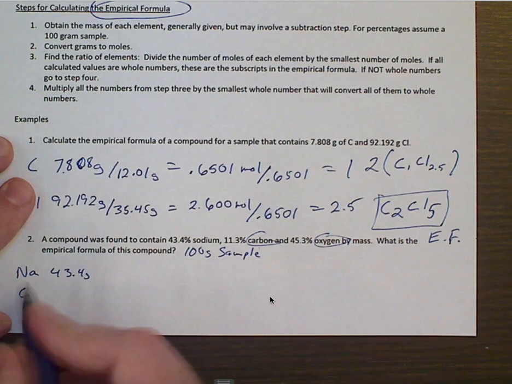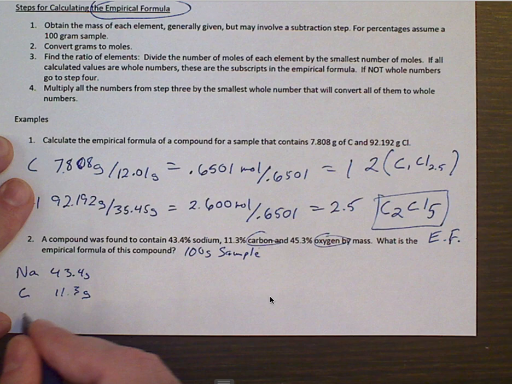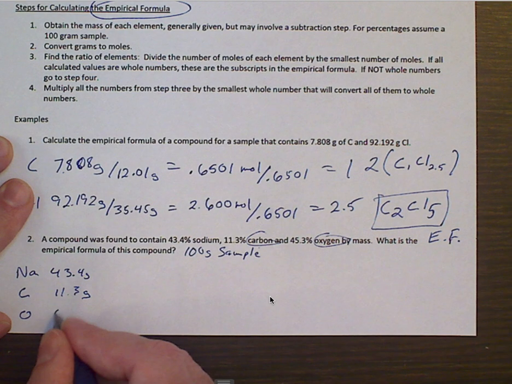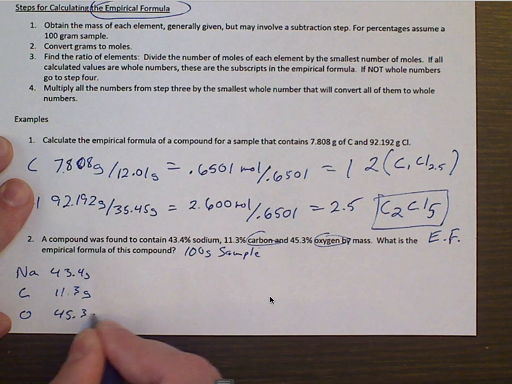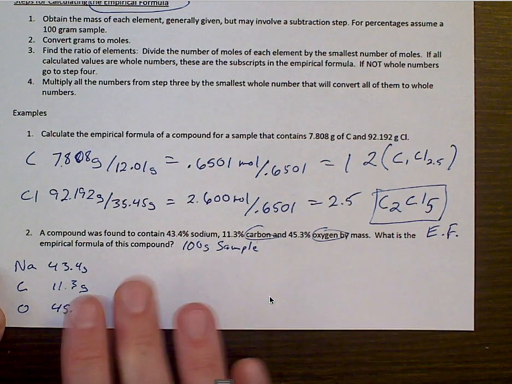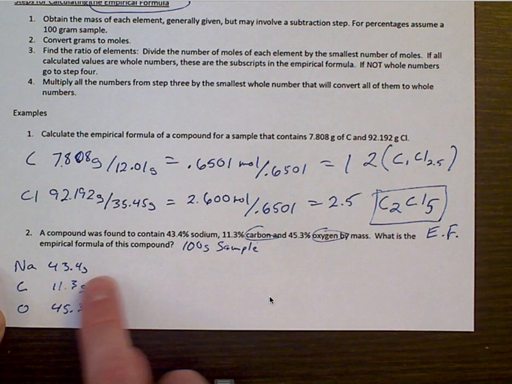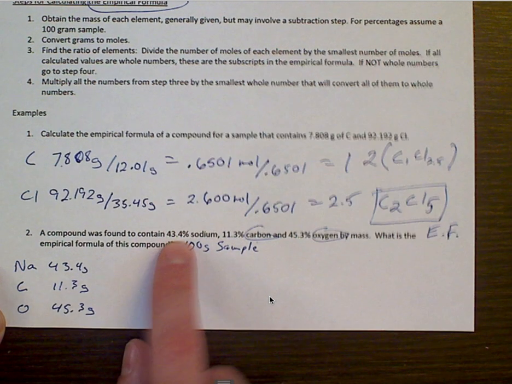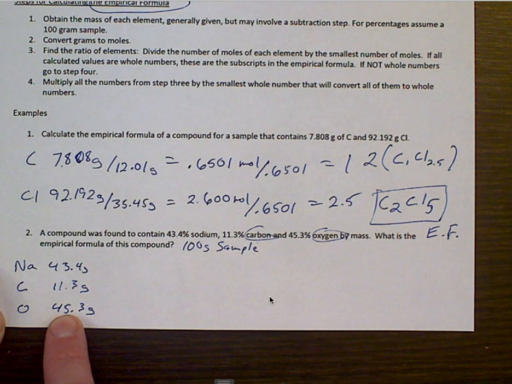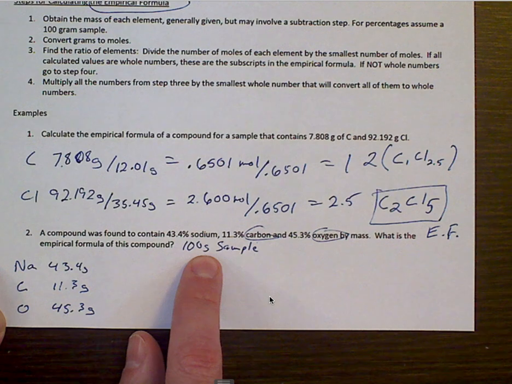So my carbon, I've got 11.3 grams, and my oxygen, I have 45.3 grams. Now at this point, this problem starts to look a lot like what I did in example 1. I've converted my percentages into mass by using the 100-gram sample. All of these will add up to that 100 grams.